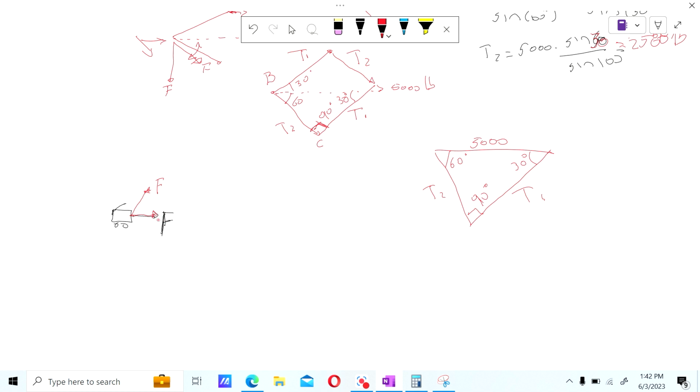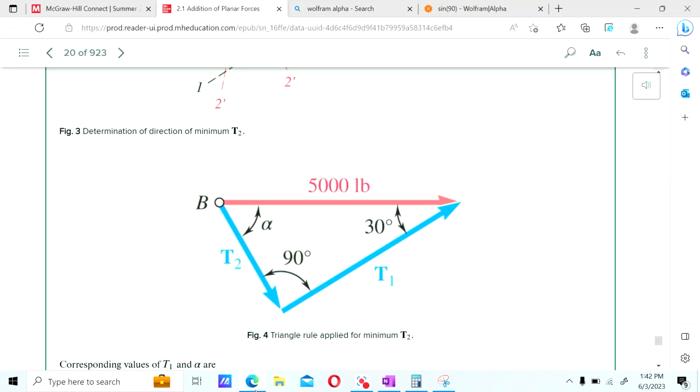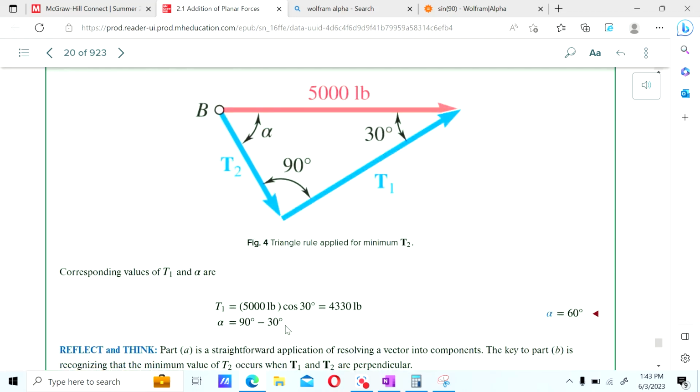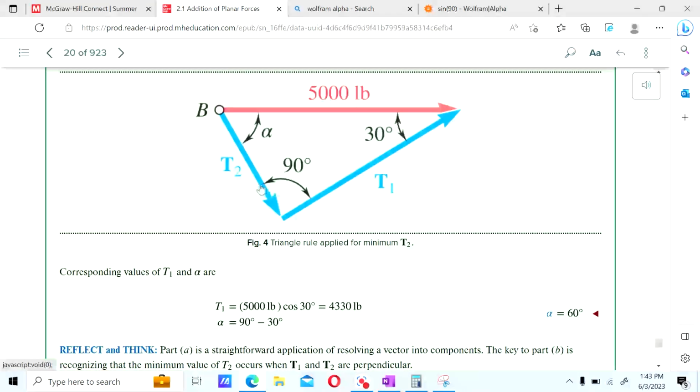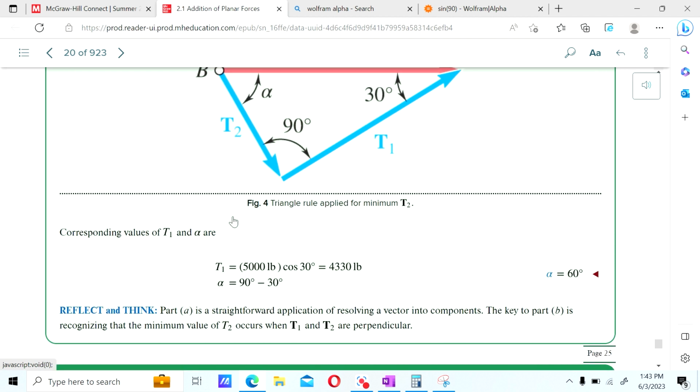The question is, the minimum amount of angle that you need to transfer the maximum amount of force is going to be 0. Well, the component of Fy is 90 in this case. They're asking us what is the minimum angle that this could be, and in that case the answer would be a 60-degree angle, so that the angle between T1 and T2 is 90 degrees.